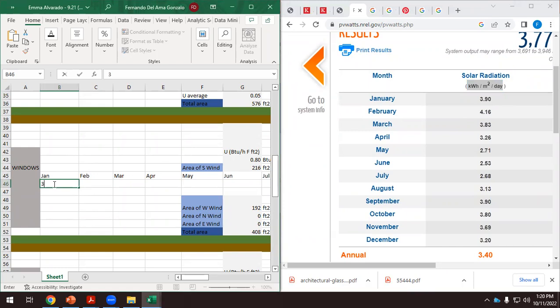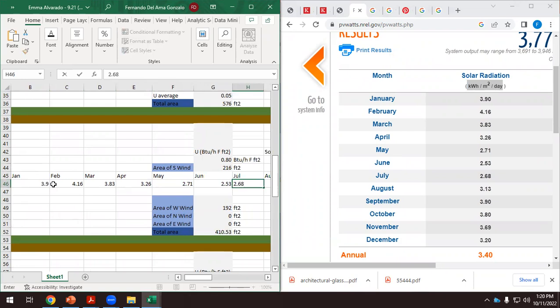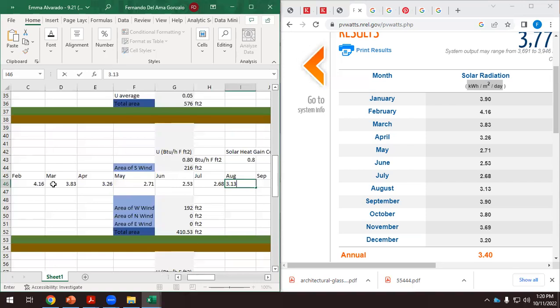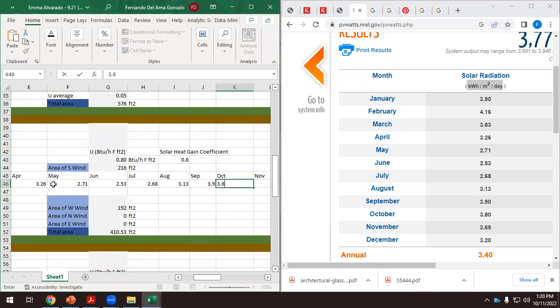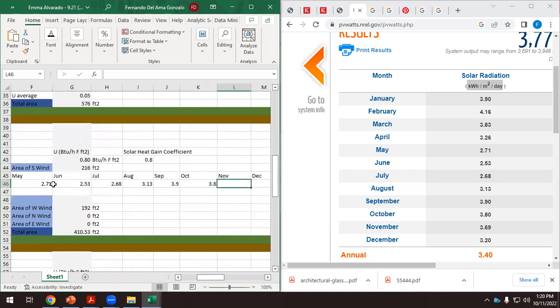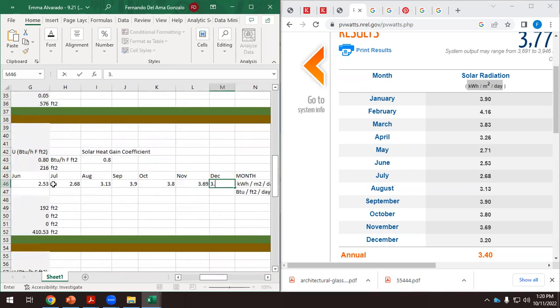So this is 3.9, 4.16, 3.83, 3.26, 2.71, 2.53, 2.68, 3.13, 3.9, 3.8, 3.69, and in December 3.2.